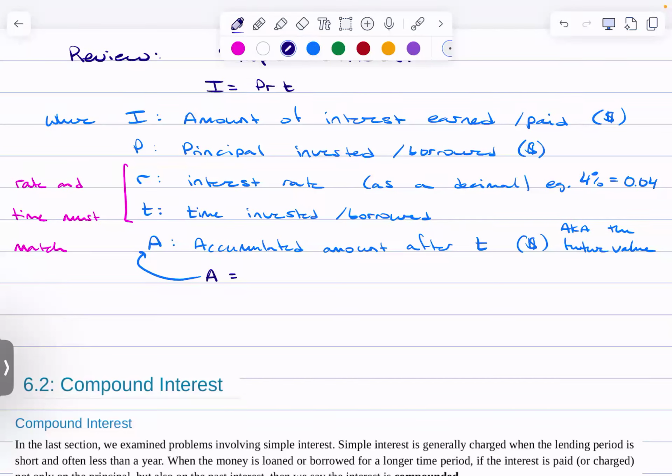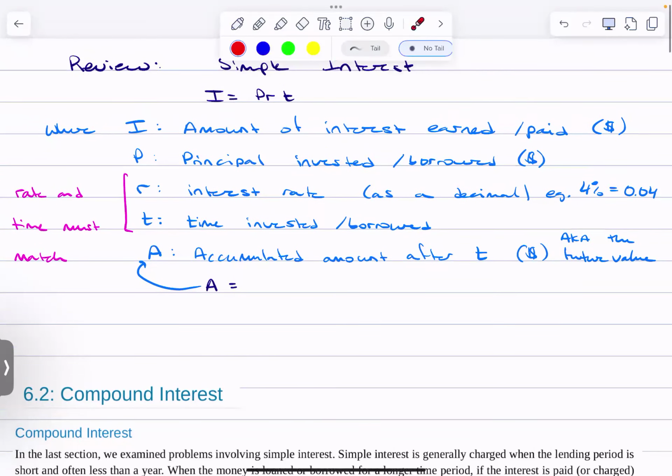Let's say you've invested some money, P. It's more fun to think about because when borrowing money, you just pay more and it's boring.